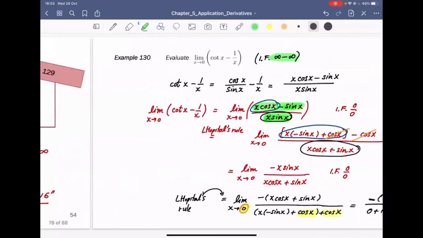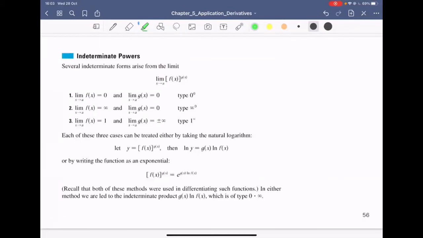All right, the last technique for this chapter is indeterminate powers. So we already learned that 0 over 0 and infinity over infinity can be solved by using the L'Hopital rule. And 0 times infinity can be solved by simplifying back to 0 over 0 or infinity over infinity.